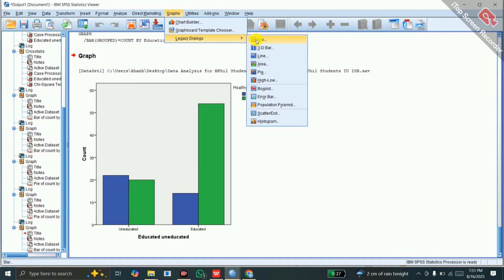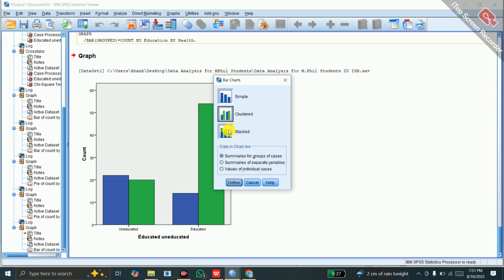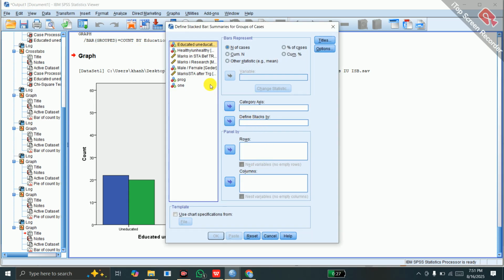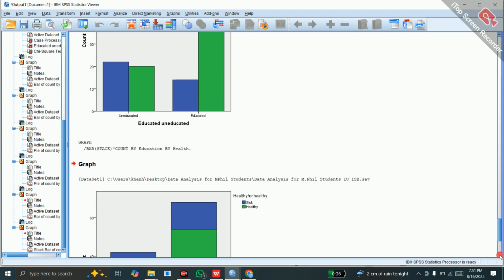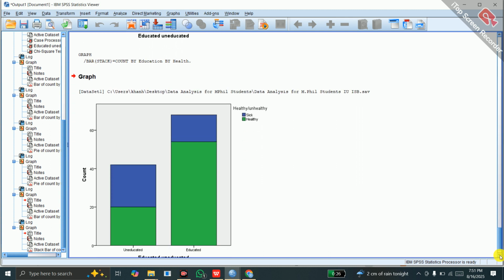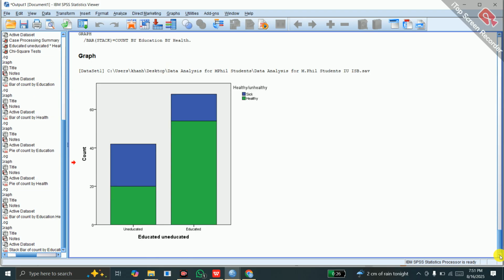After that I can also make a stack bar diagram of this. So let me click on this and then stack, and within stack I can send education here, and then health defined by stack. So this is the stack bar graph of the number of respondents or number of students.